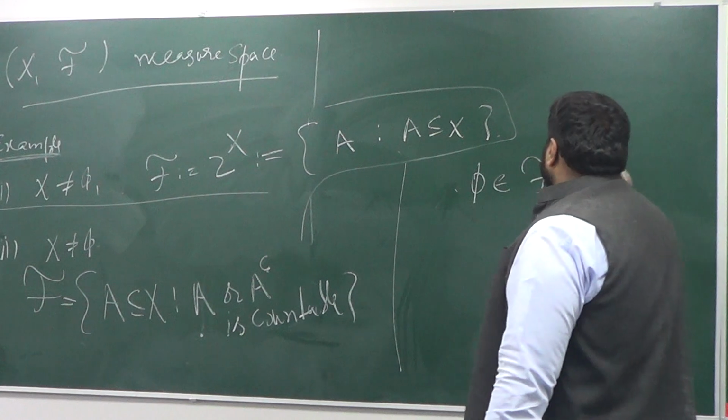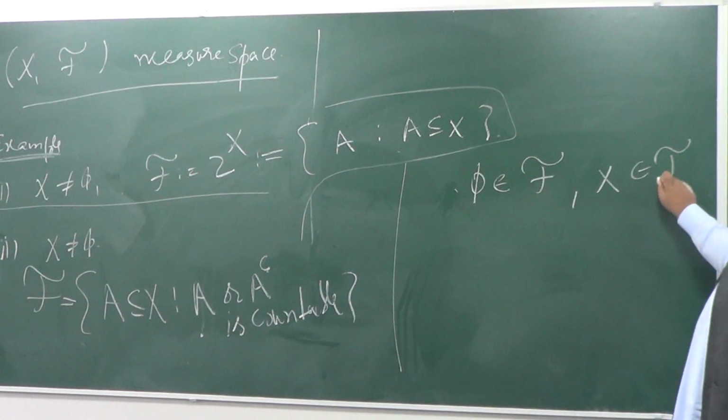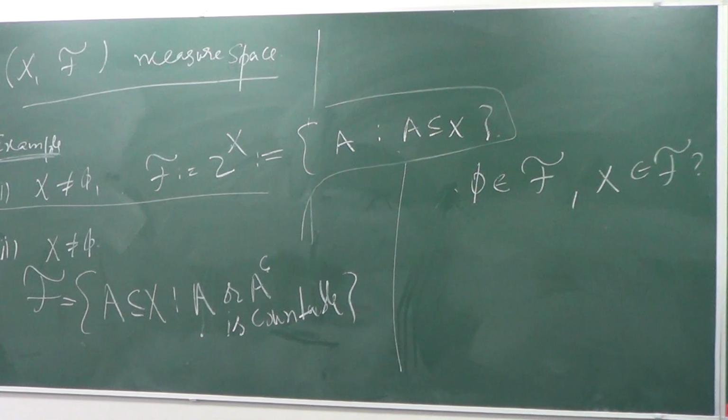How about why X would be in F? Is X countable? We don't know. There's no need to refer to two cases. Do we know that X is countable?